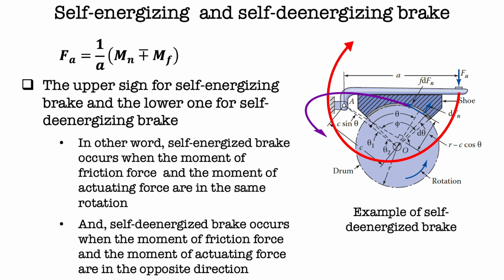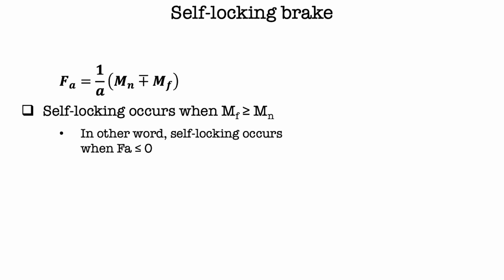It can be a self-energized brake if the moments of Fa and FFN are acting in the same direction around the pivot point A. The brake will be a self-locking brake if Fa is less than or equal to 0. This condition will happen if the moment of friction force is greater than or equal to the moment of normal force.